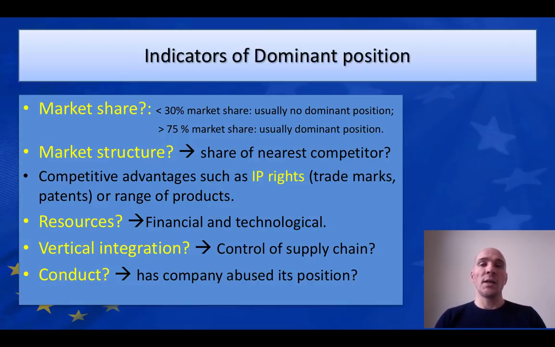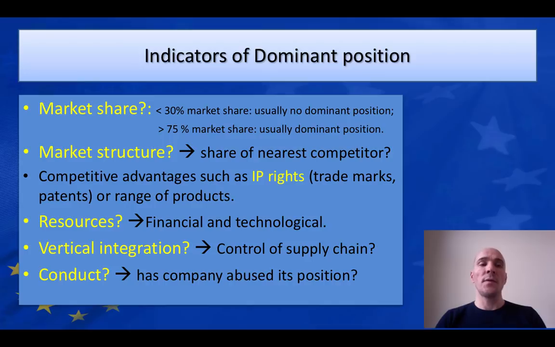The rough guideline that the European Commission uses is that if a company, an undertaking, I will use the legal word, has less than 30% of the market share, there's usually the assumption that it does not have a dominant position. If it has more than 75% of the market share, the assumption is that it has a highly dominant position. And sometimes that's also referred to as superdominance.